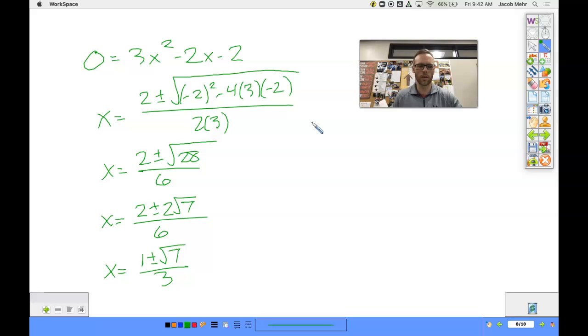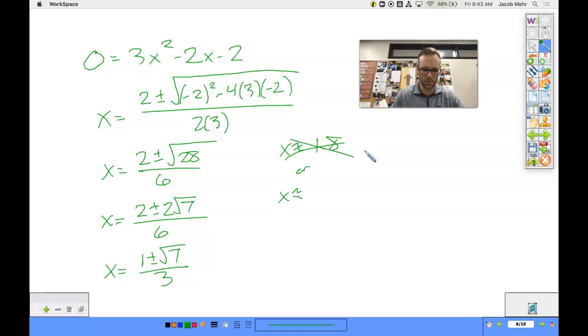Now, I'm going to use my calculator because I'm curious if either of these are in the interval. Maybe both of them are. We don't know. We know there's at least one. So let's type in 1 plus the square root of 7 divided by 2. It's about 1.8. That one's not in our interval.